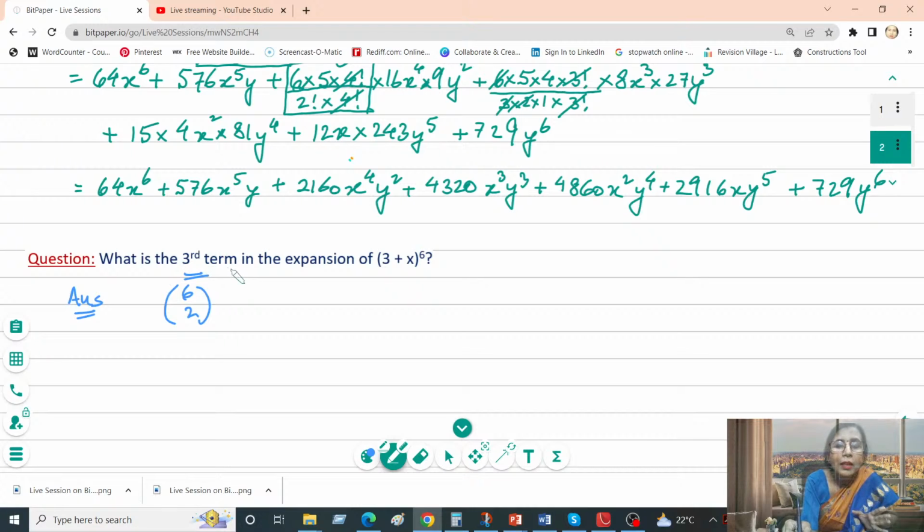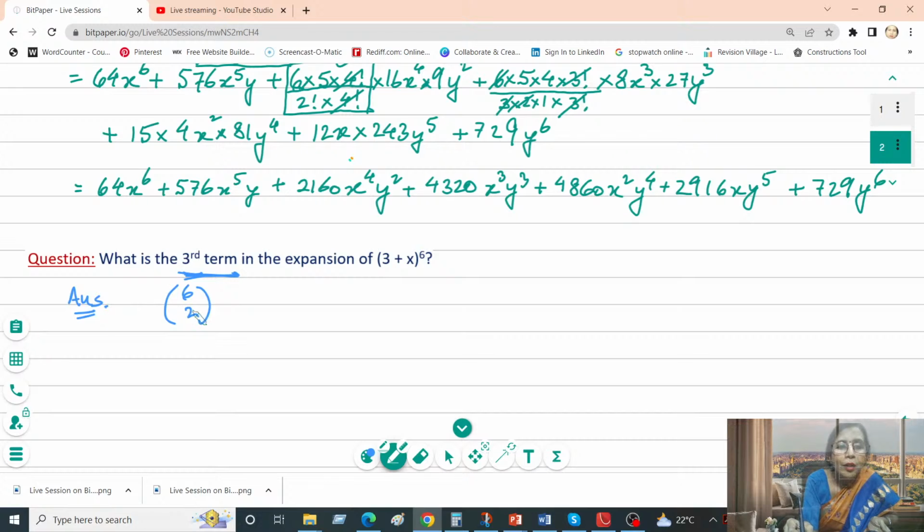No. If they are asking for the third term, we will give them only the third term. Why should we give them something extra? If we do, we will be wasting some time.